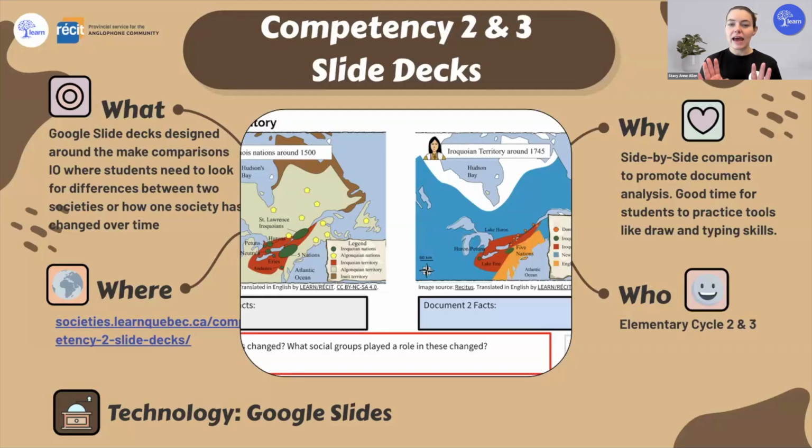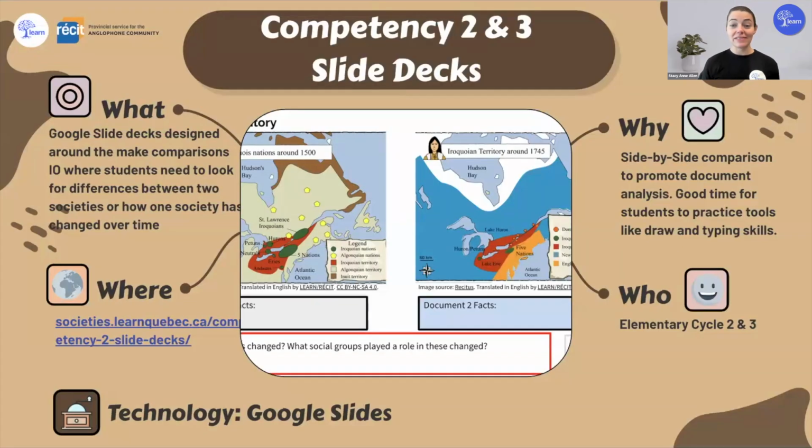The activity asks students to look at both of those documents, come up with some facts for each of them, and then below make some comparisons or discuss what is different and what is the same between these two documents. I think this side-by-side comparison is a very wonderful way to develop this intellectual operation and the competencies for comparing change over time, as well as looking at diversity between different societies that existed during the same period.